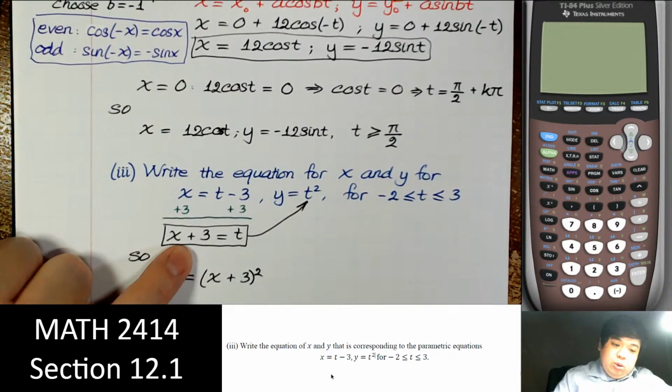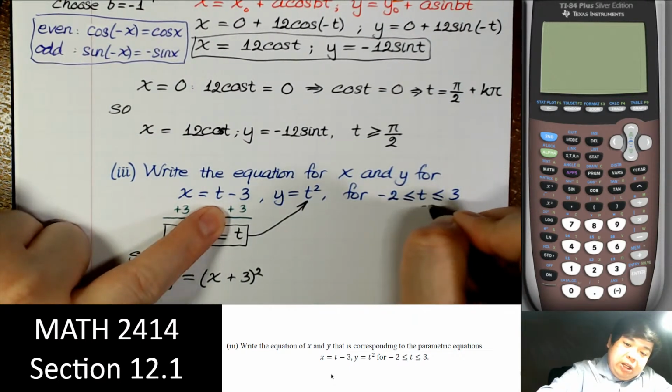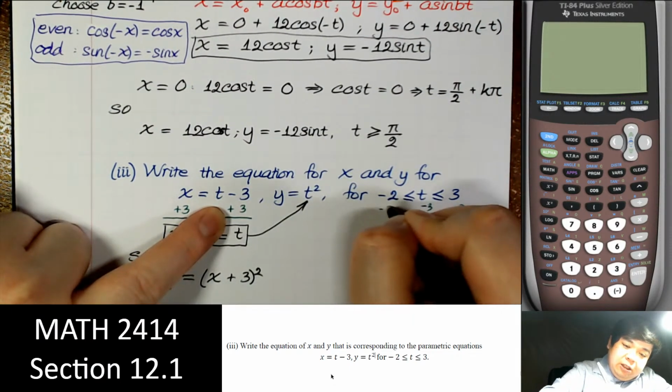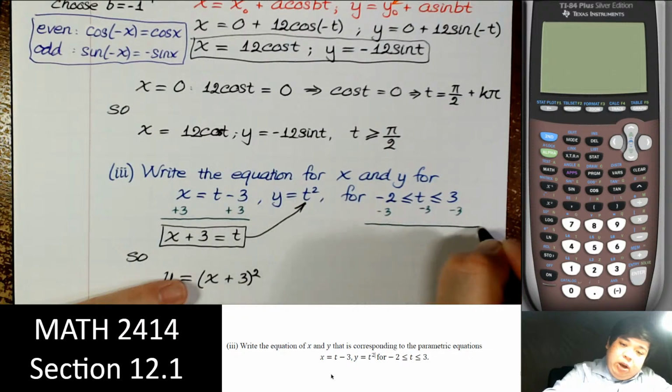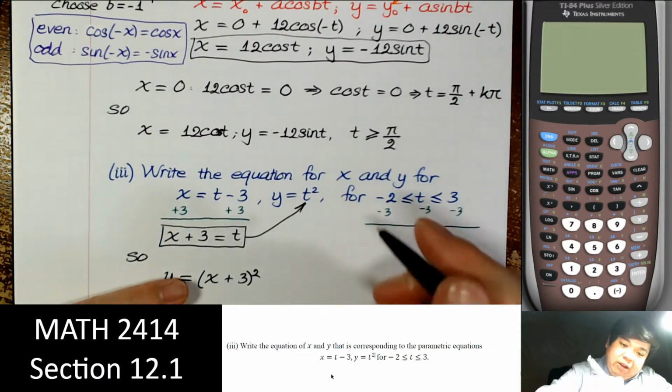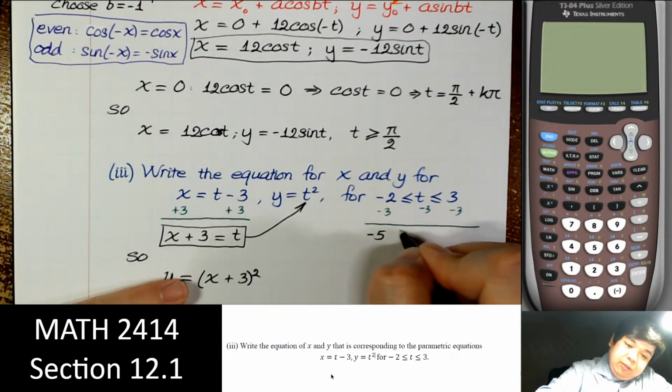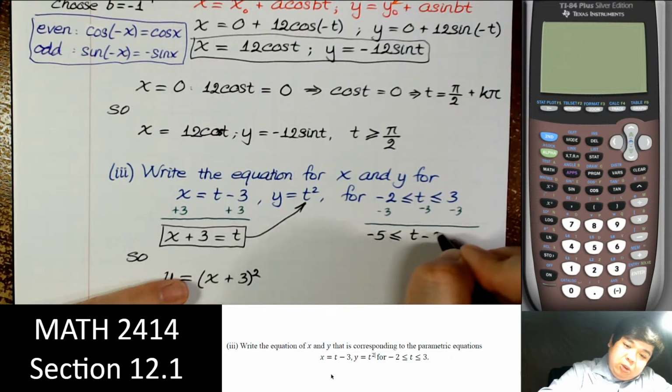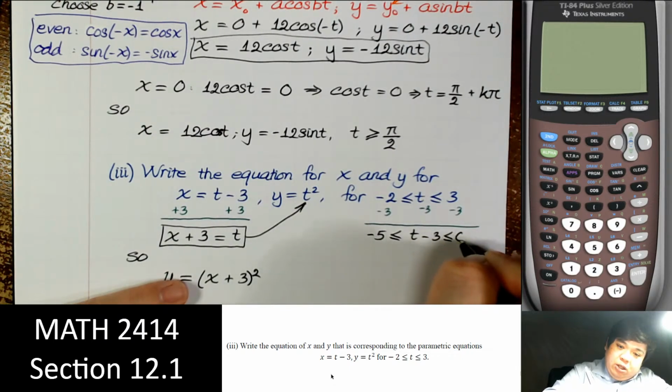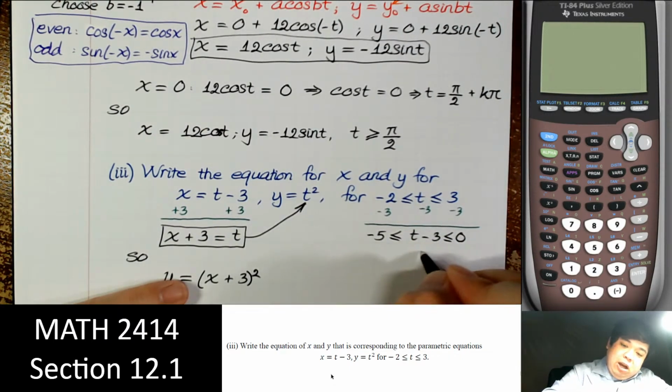So what I do is I will subtract 3 everywhere. So I have negative 5 less than or equal to t minus 3 less than or equal to 0, and t minus 3 is x.